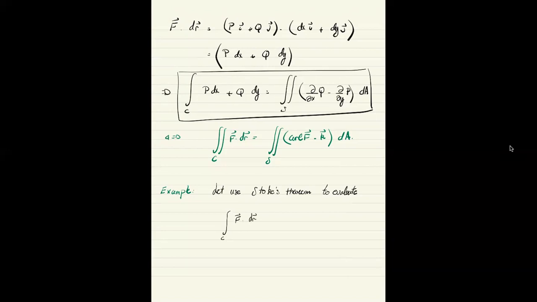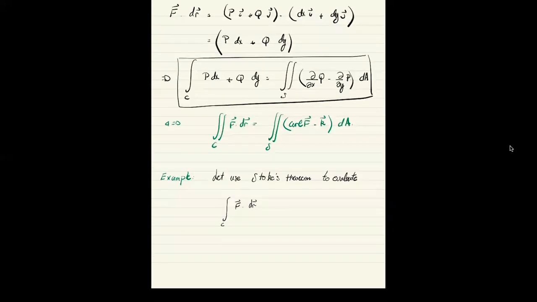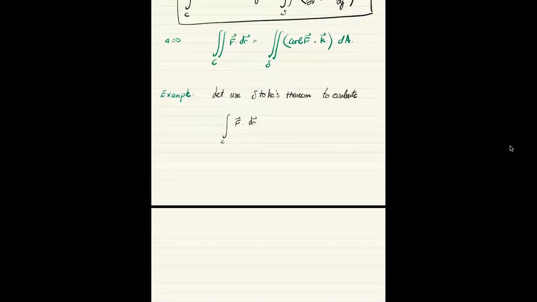Let us use Stokes' theorem to evaluate this integral, where F is the vector field x squared z i plus x y squared j plus z squared k.